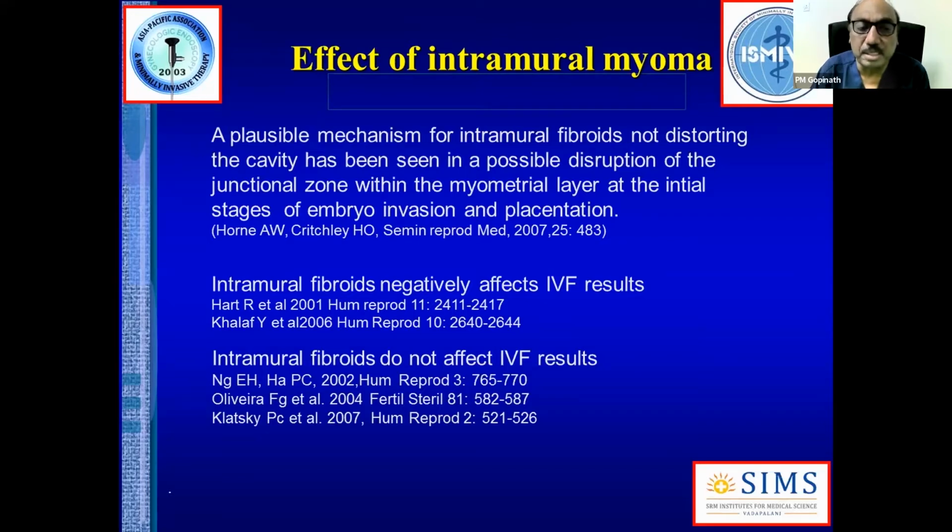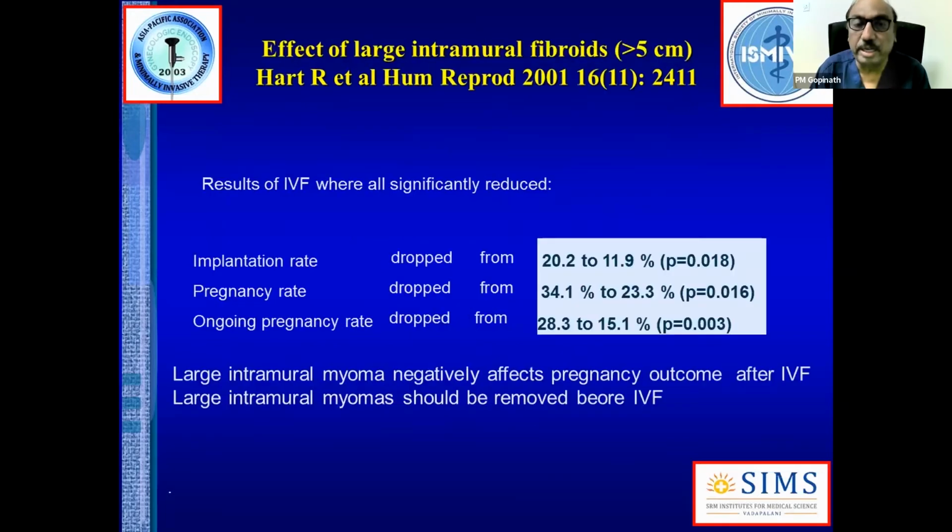Some papers say that it negatively affects IVF results, and some say that it does not affect the IVF results. In total, the implantation rate drops from 20.2 to 11.2, and the pregnancy rate drops from 34.1 to 23. Ongoing pregnancy drops from 28 to 15%.